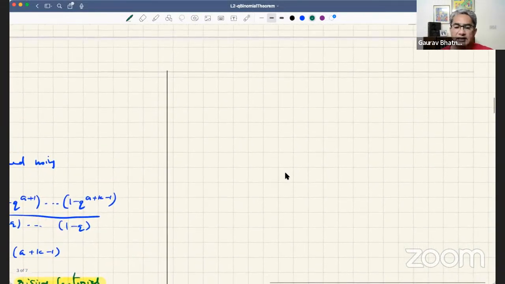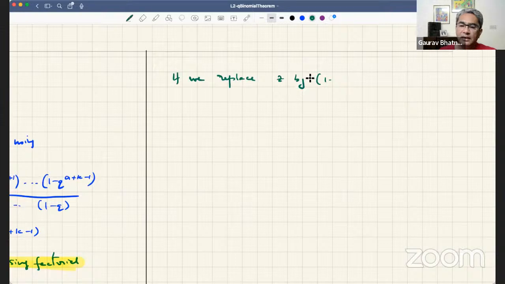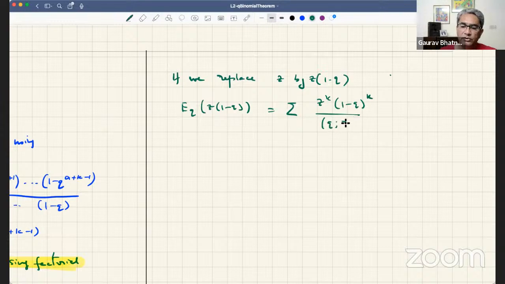Now, in this result, suppose we replace z by z times (1-q), and then take the limit. So we get E_q(z(1-q)), which is the series z^k (1-q)^k over (q;q)_k, k going from 0 to infinity, and we take the limit as q goes to 1.